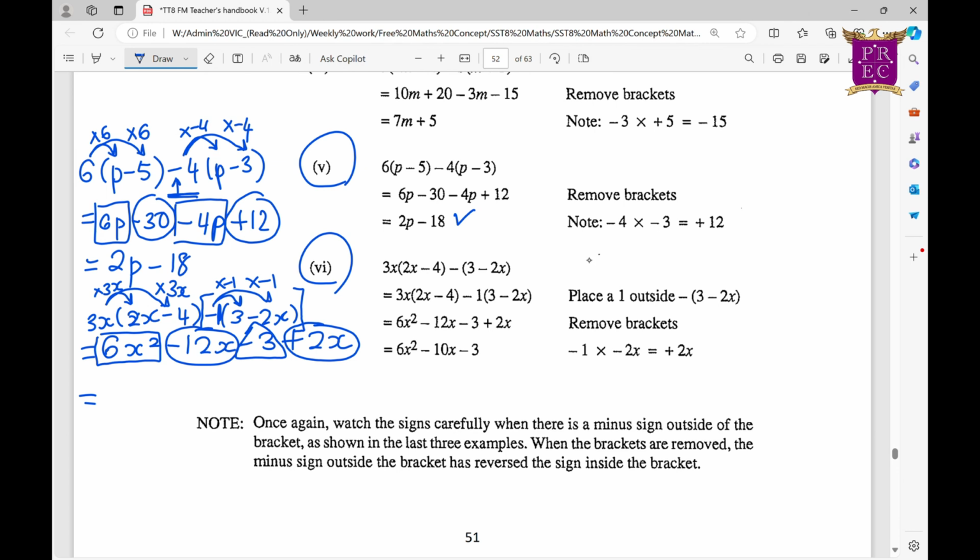So if you want to simplify that, you get first 6x squared, negative 12x plus 2x gives you negative 10x, and minus 3, like so.